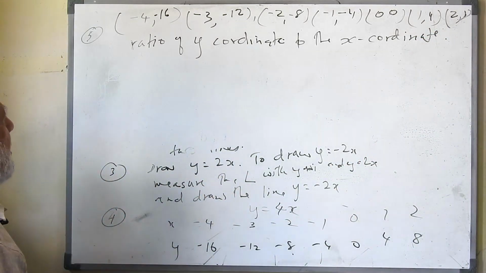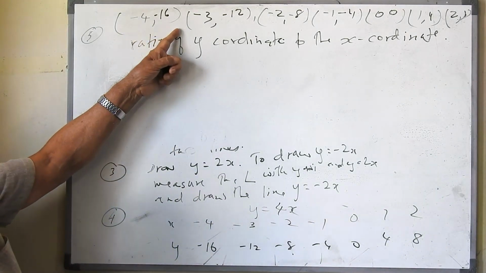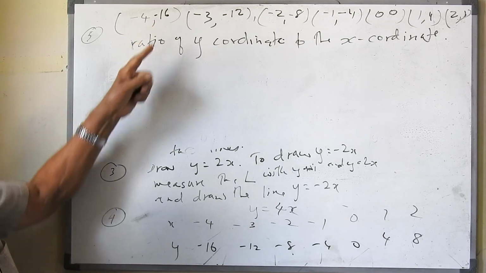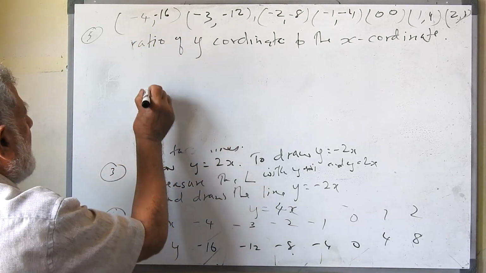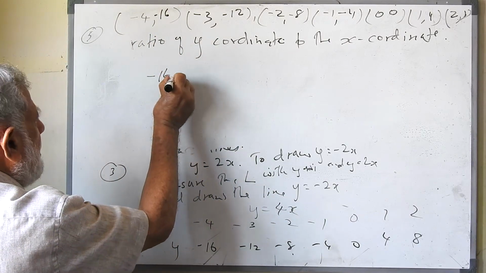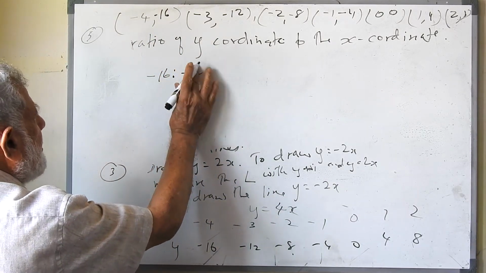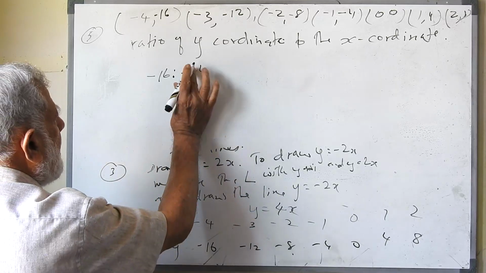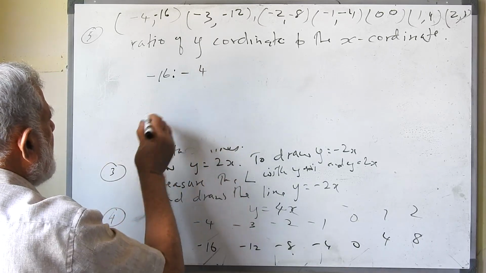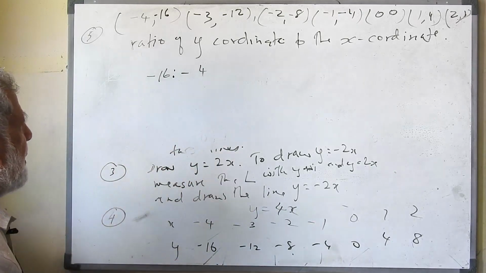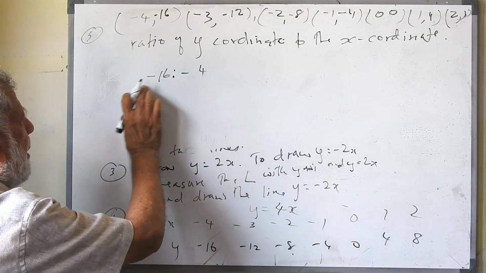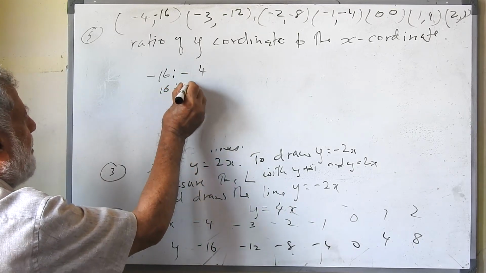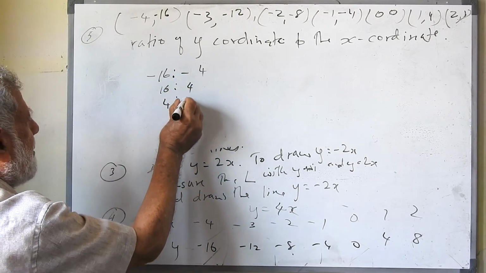When you have an ordered pair, the first is the x value, the second is the y value. So the y coordinate will be minus 16 and the x coordinate minus 4. This is the ratio, minus 16 to minus 4. When you simplify this, you can multiply both sides by minus. It will be 16 is to 4, that will be equal to 4 is to 1.